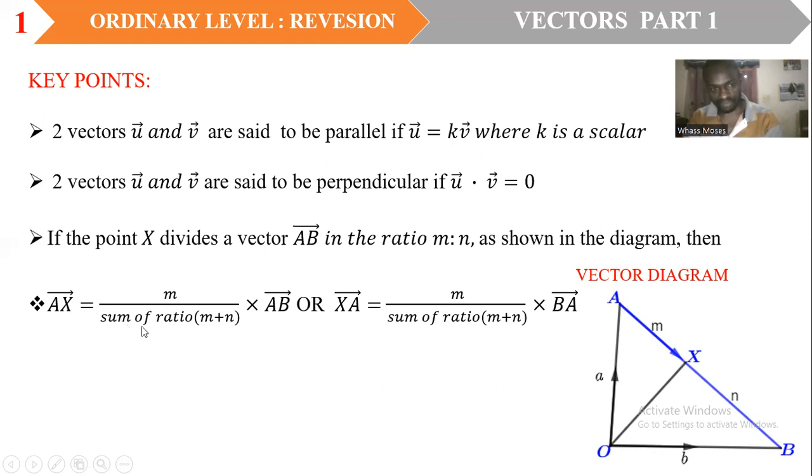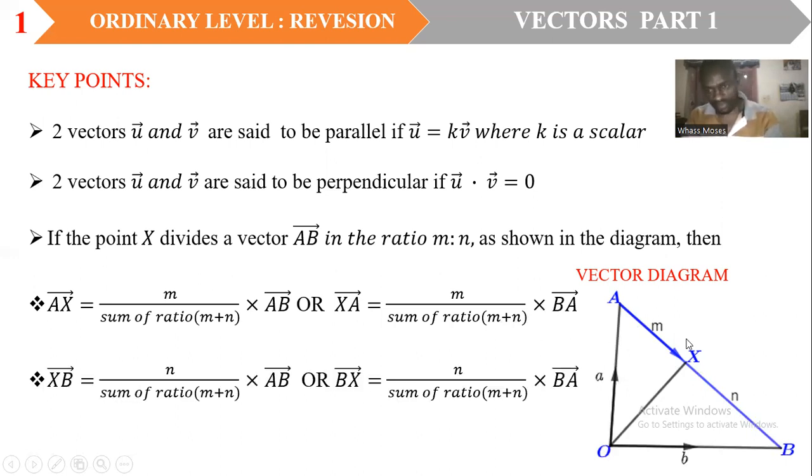Or if we are moving in the opposite direction, looking for XA, we follow the same steps, but the whole vector instead of AB will be BA. That is why the vector XA will be equal to M over M plus N times BA.